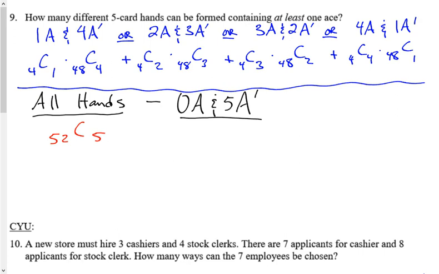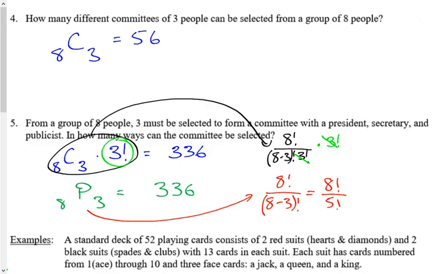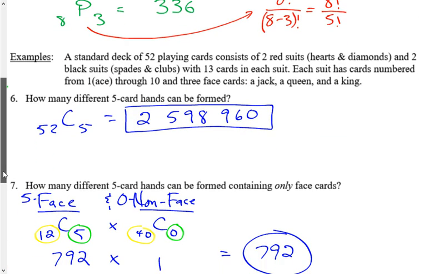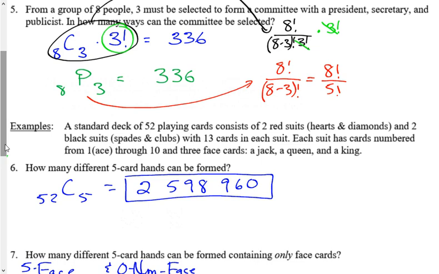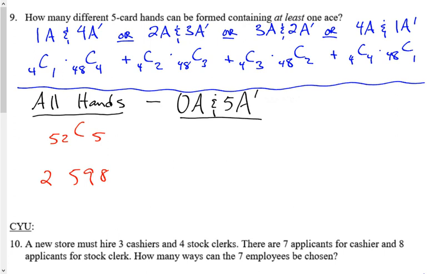And on the previous page, we actually calculated this to be 2,598,960. So those were all the possible 5-card hands we could get.